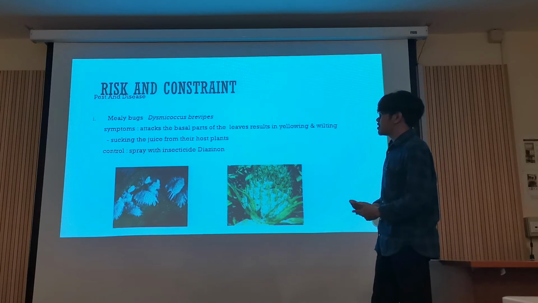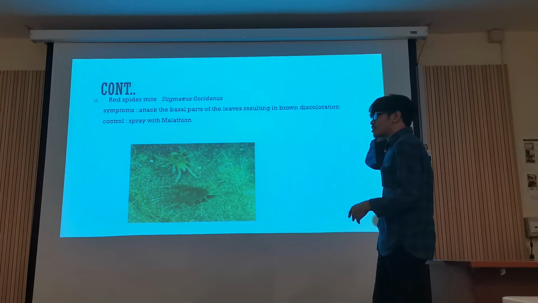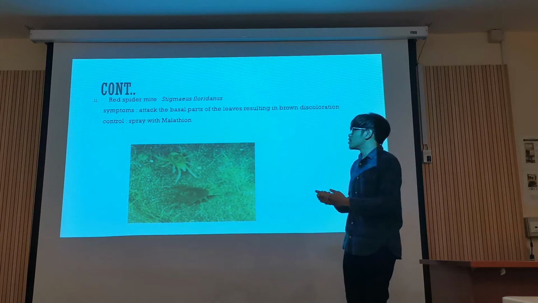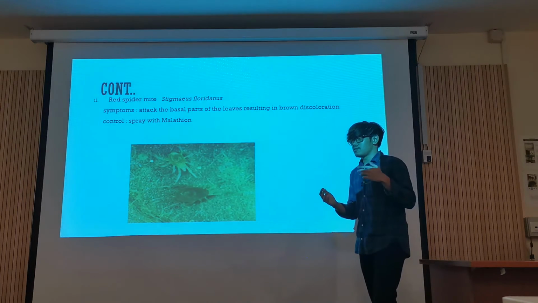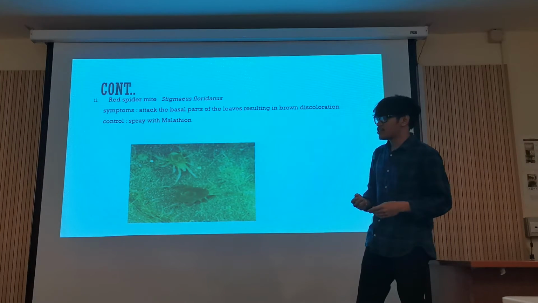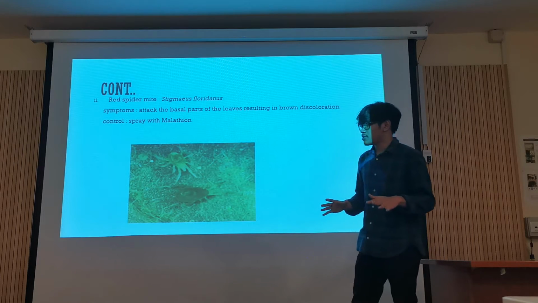The next pest is red spider mite. The symptom for the red spider mite is that it attacks the basal part of the leaf, and this will result in brown discoloration.